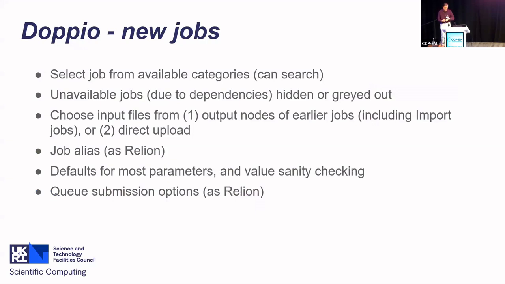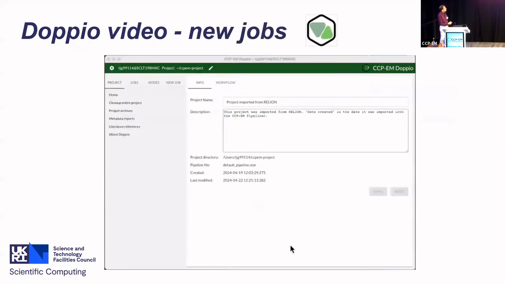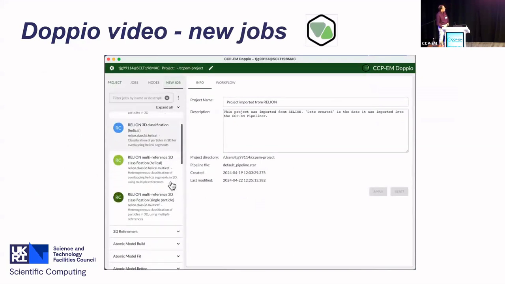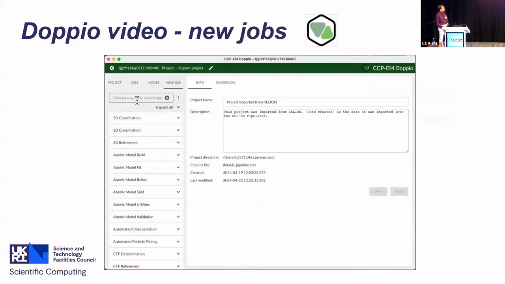So just to give a quick run through some of the capabilities of Doppio. So first of all, setting up new jobs. So I have a video I hope I can talk to. So you can select a menu of new jobs, go through the list and find the job that you want to do.